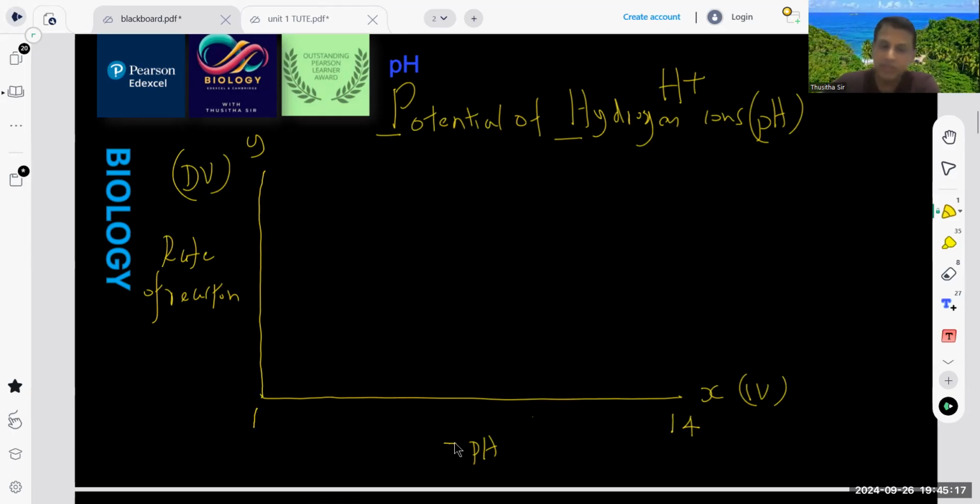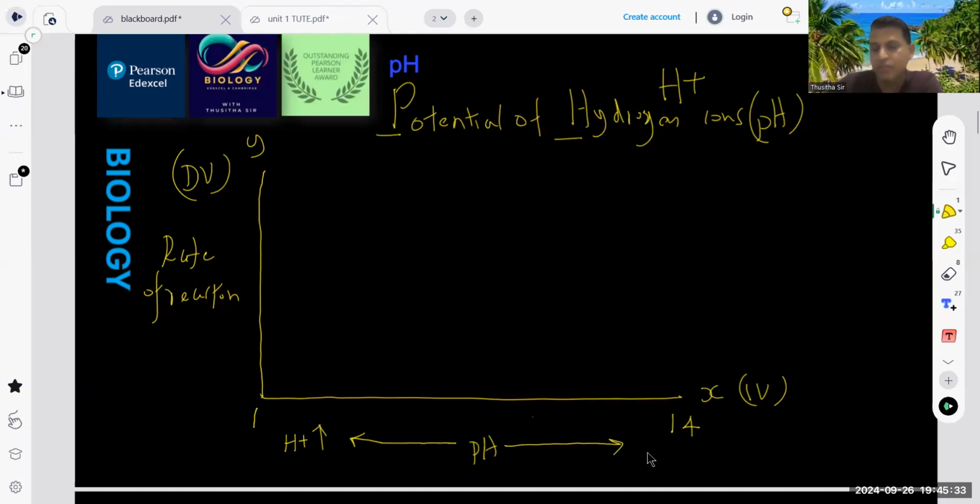So chemically, what's actually happening when you go this direction, there are more hydrogen ions formed. The hydrogen ions are very strong. They can cause many chemical reactions. When you go in this direction, more OH ions are formed, negative OH ions, and they're also very strong.